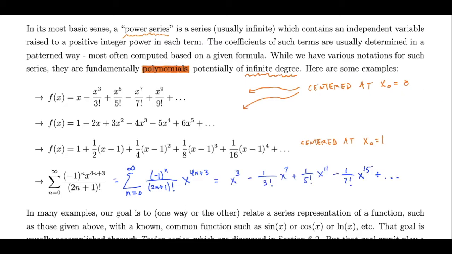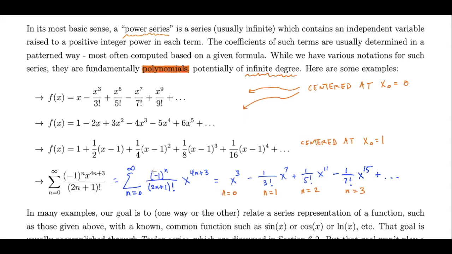So I believe if I plug in some preliminary n values, for example, plugging in n equals 0, I'll have negative 1 to the 0, which is 1, and then 2 times 0 plus 1, which is 1 factorial. And then this variable term will be x to the 4 times 0 plus 3. So simplifying all of that, I just get x to the third. Then plugging in n equals 1, n equals 2, n equals 3. I believe these are the first few terms that I get.